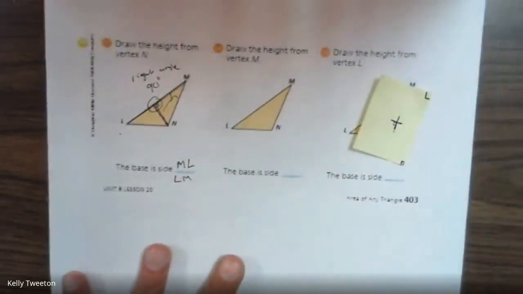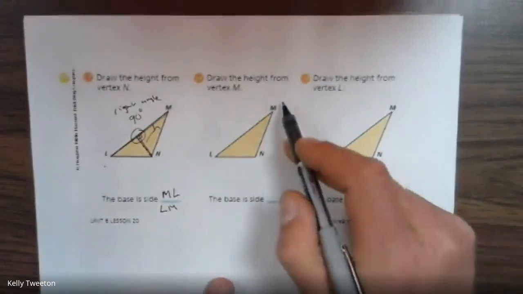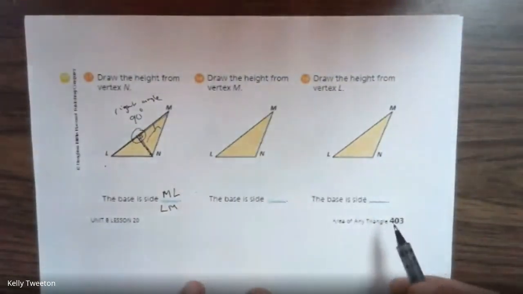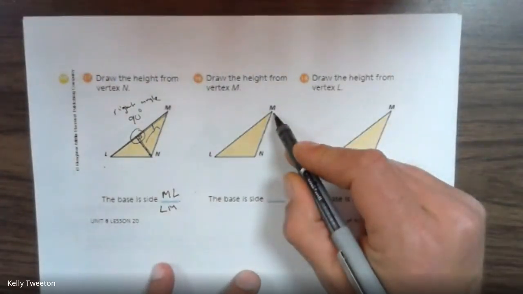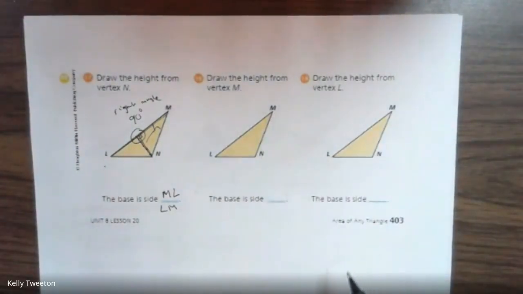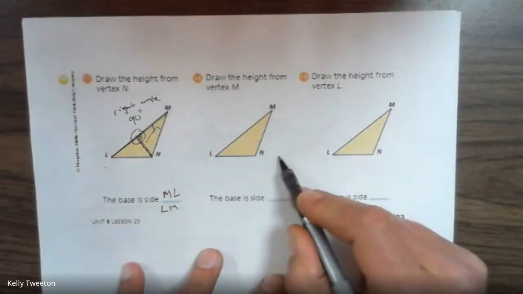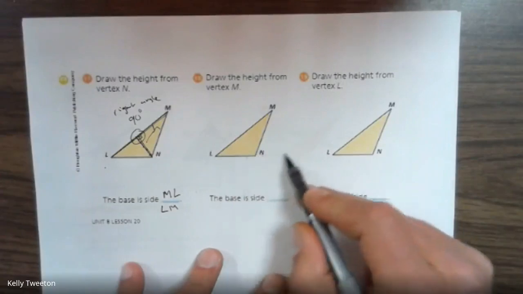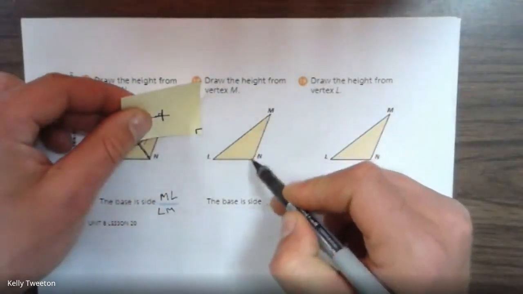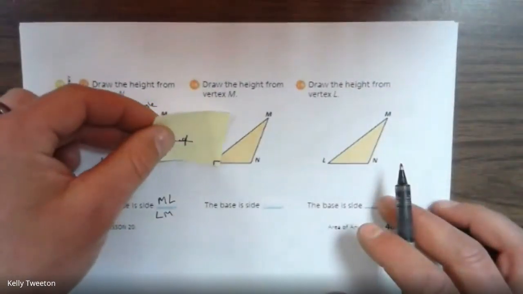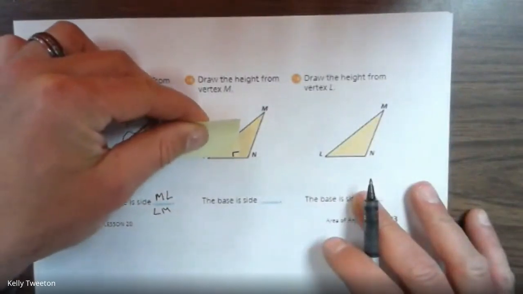Take a look at the next one, number 18. It says, draw the height from vertex M. So now I want to draw a height from vertex M. Well, let's see. I want this to connect up with one of these sides at a 90 degree angle. So if I extended this side right there, where do you think that height would end up? Because again, if the base is always on the opposite side, let's look. If I were to make this down here on that line, I'm kind of going along.